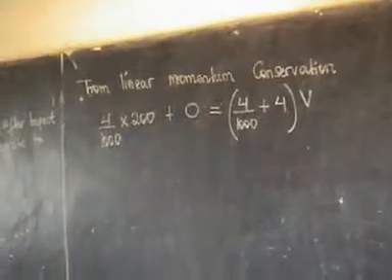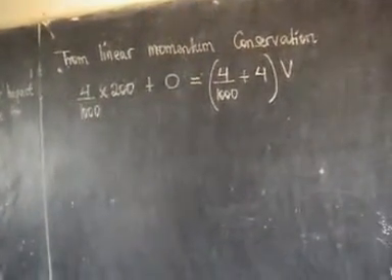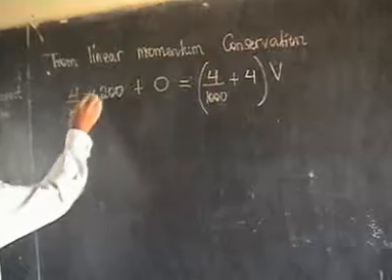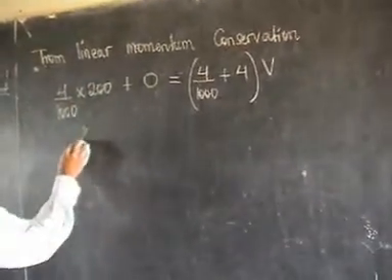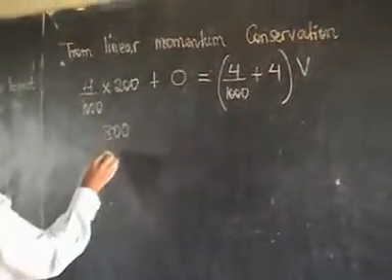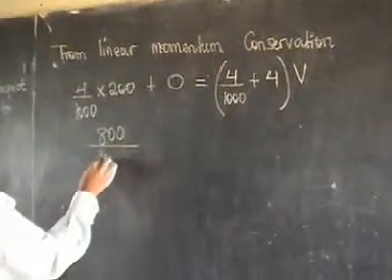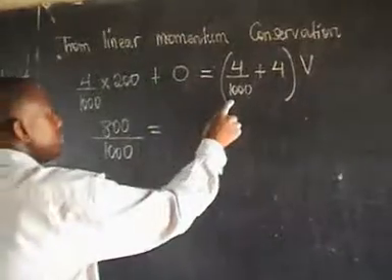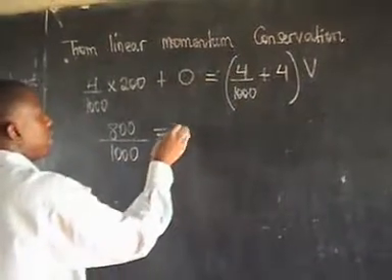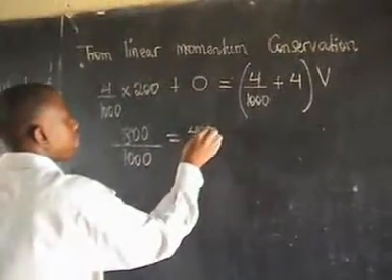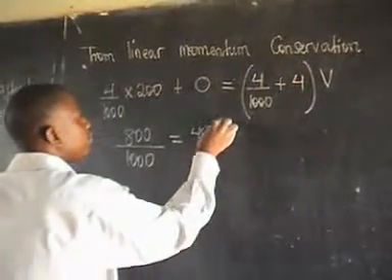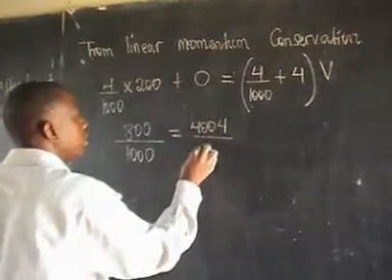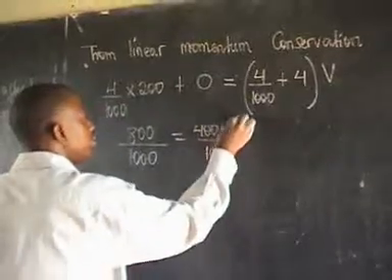So we now have the task of finding the value of v. This is the same as 4 times 200 is 800 divided by 1000, is equal to 4004 divided by 1000 times v.